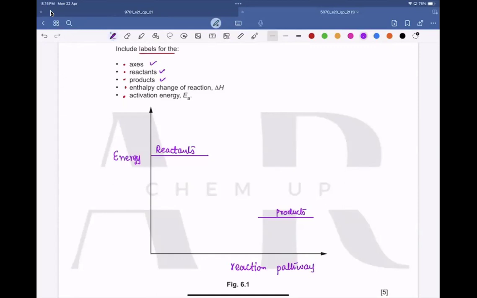Now, you have to make an arc like this and meet the two lines. You can write the progress of reaction as well. No, it's not reaction time. Now, from the reactants till the highest point, we have activation energy.